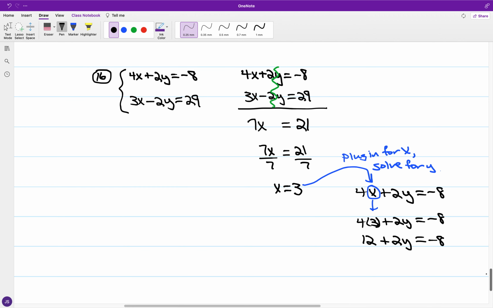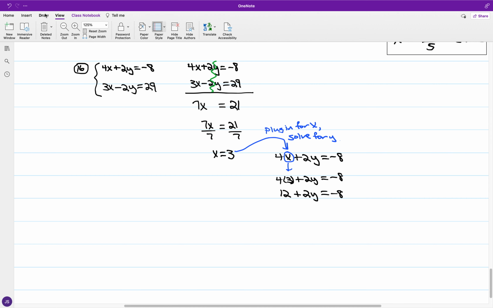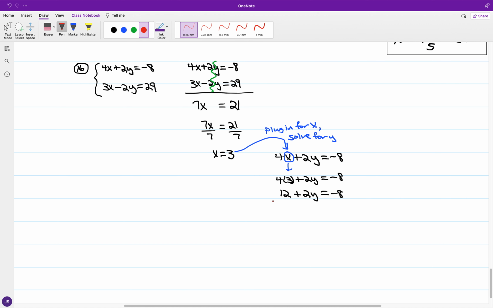Taking 12 away from both sides, we have that 2y is equal to negative 20. And finally, with a division by 2, we have that y is equal to negative 10.